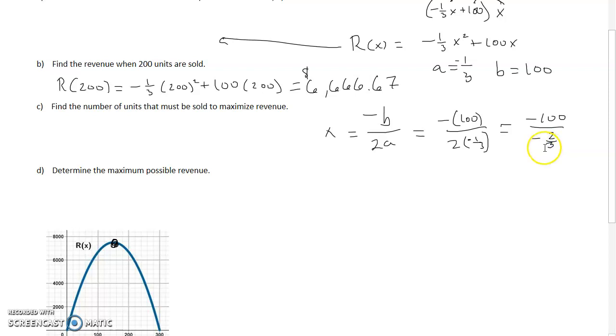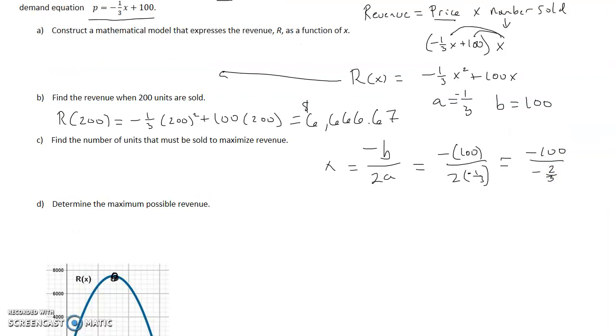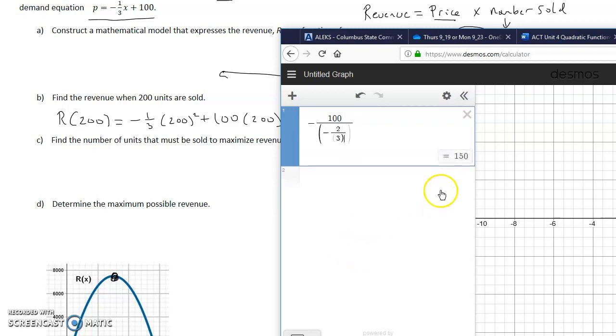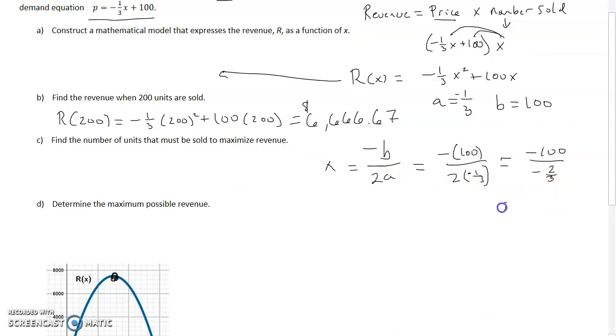So what we're doing here is -100 divided by -2/3, which gives us, we can see right here, 150. That is the number of units that maximize the revenue. So X equals 150 units.